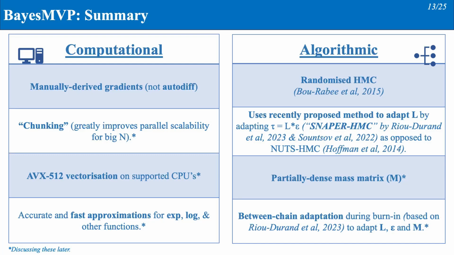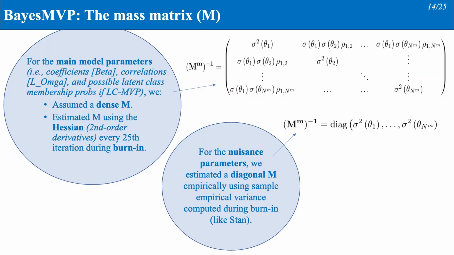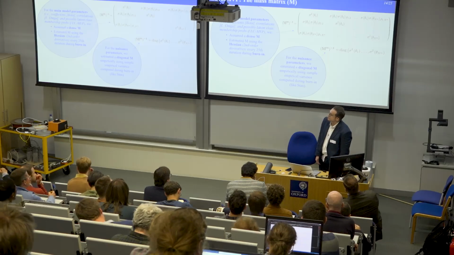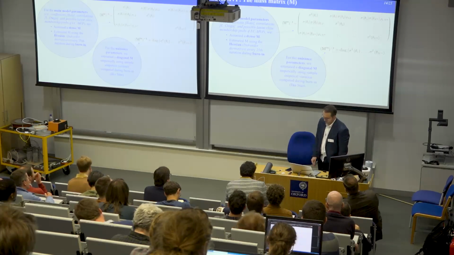So to summarize the R package, there are both computational and algorithmic aspects to it. I'm just going to go through them now. For the mass matrix, I used a partially dense one. So a dense mass matrix for the correlations and coefficients, for example, and disease prevalence. And then for the nuisance parameters, or the U's I introduced previously, it's diagonal, which is what Stan does.